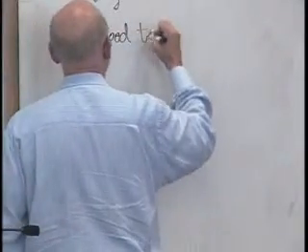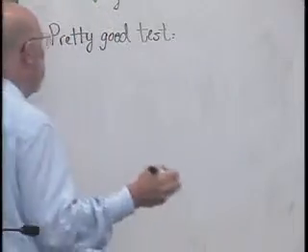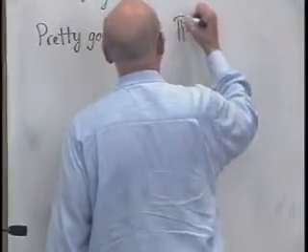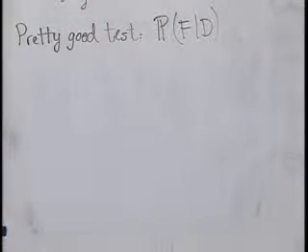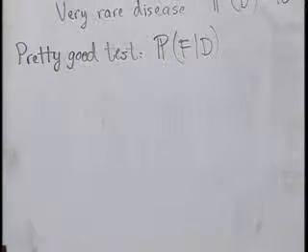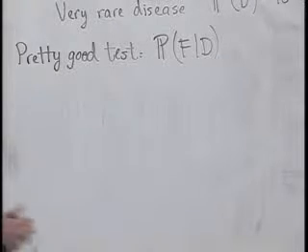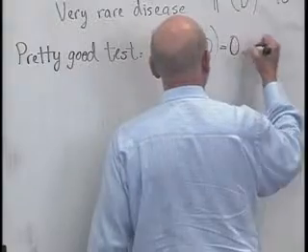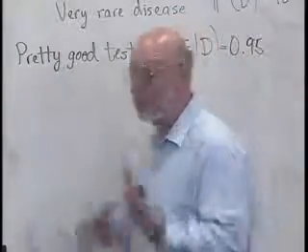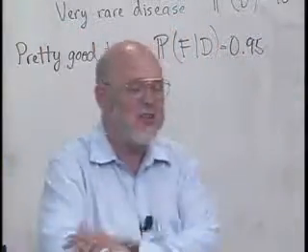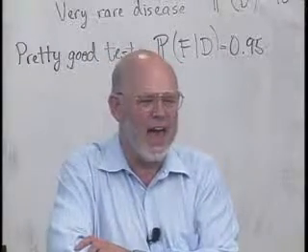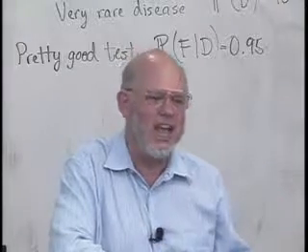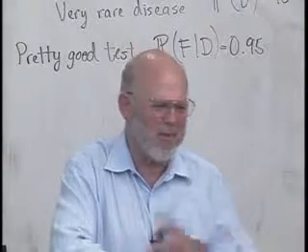And it's pretty good in the following sense: if you actually have the disease, the probability of event F, that the test runs up a red flag and says you probably got this disease, is 95%. So if someone has this rare disease and you give them this test, there's a 95% probability that it will come up with an indication that this disease is present.